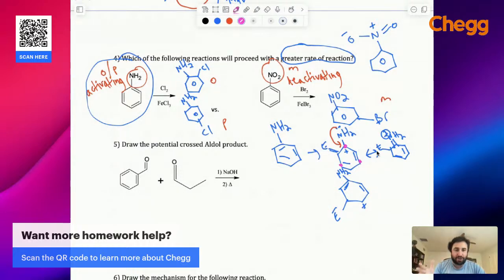What we especially need to understand is that that only happens when the substitution is ortho or para. When substitution is ortho or para, the positive charge is in these three locations, in the three resonance structures for the intermediate. If we do meta substitution, the positive charge is only here or here or here.